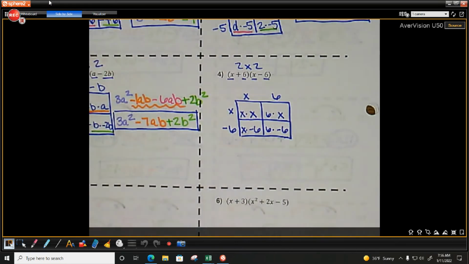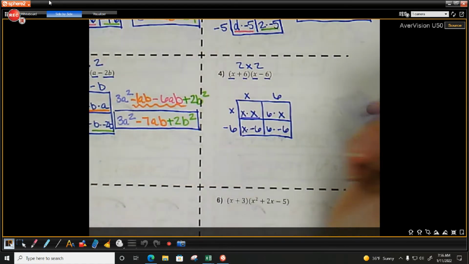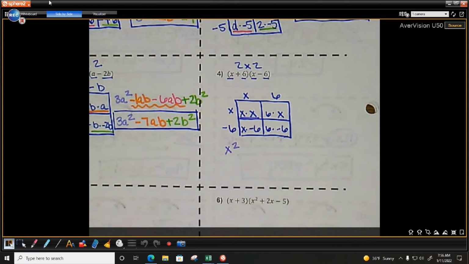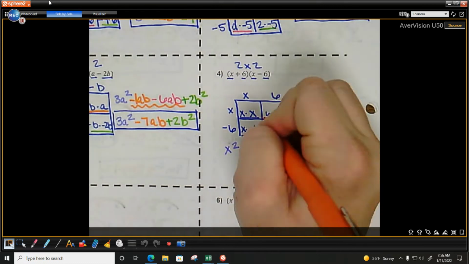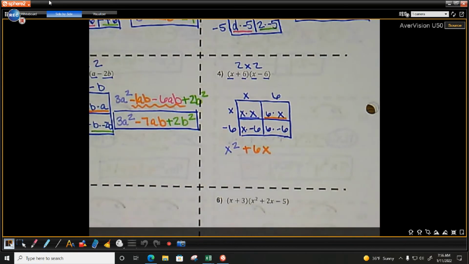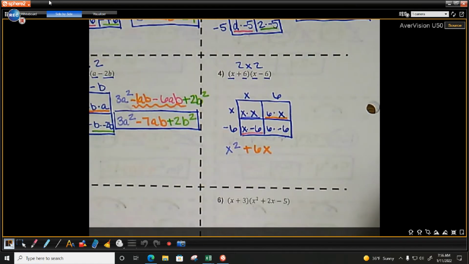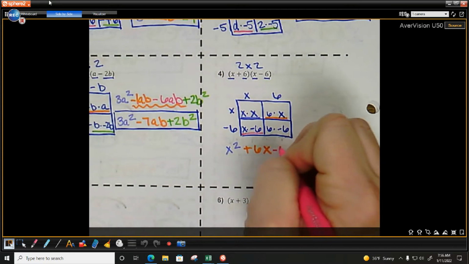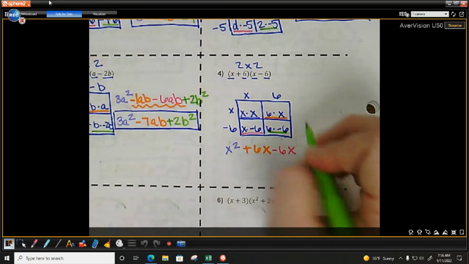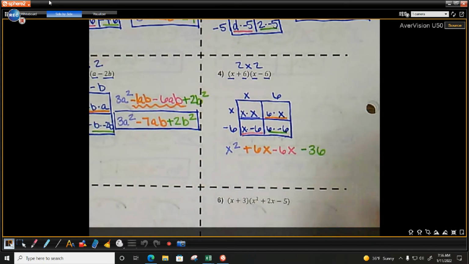Take our terms out. Xx becomes, very good, 6 times x is, and it's a positive, x times negative 6, and then 6 times negative 6. My middle terms are like terms.